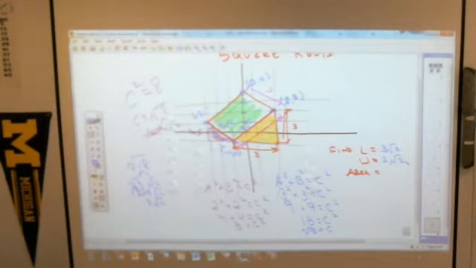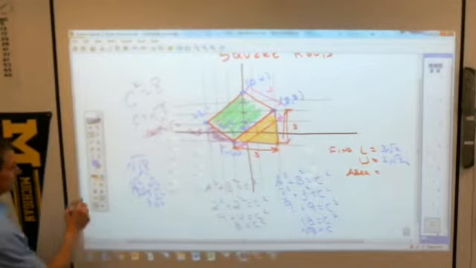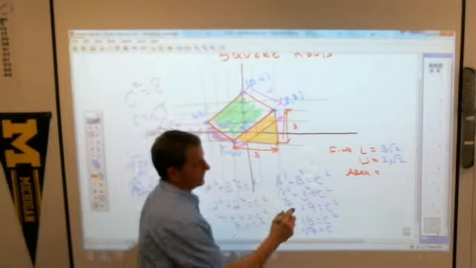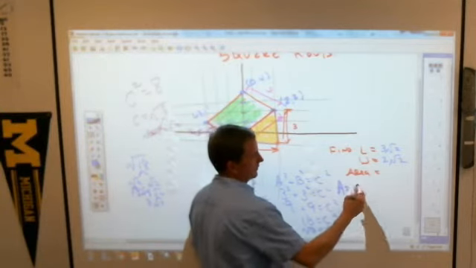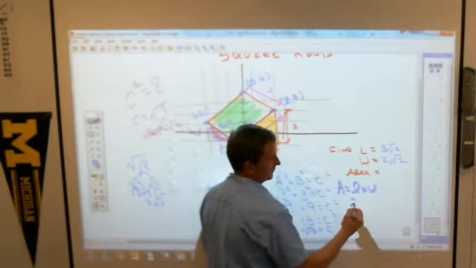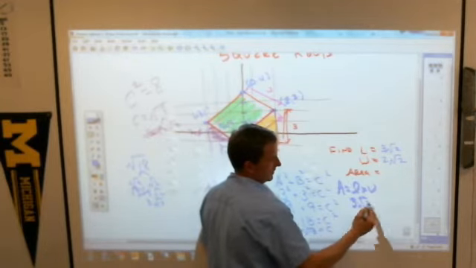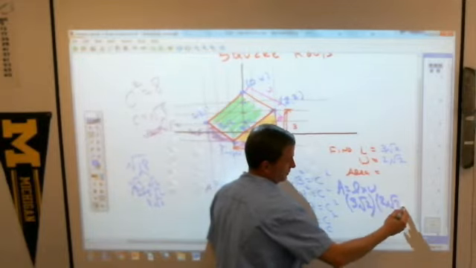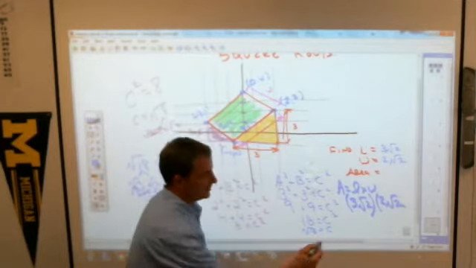Multiplying for the area, Mr. Hahn. Thank you, Madison. Madison knows that I'm looking for the area, and I know the area of a rectangle is what? How do I find the area of a rectangle? Area equals length times width. And what are my length and my width? Length is 3 square roots of 2. And if I multiply that by 2 square roots of 2, ooh, something fun's going to happen here, kids.